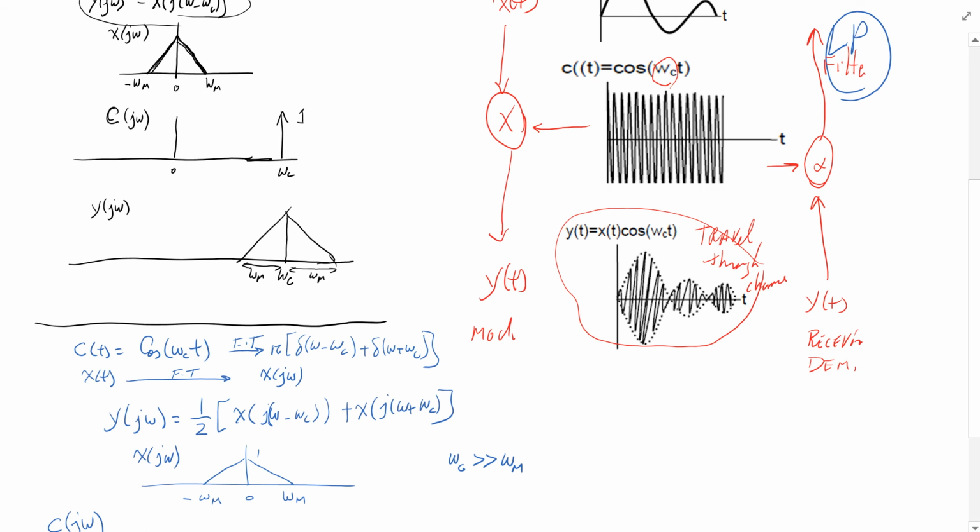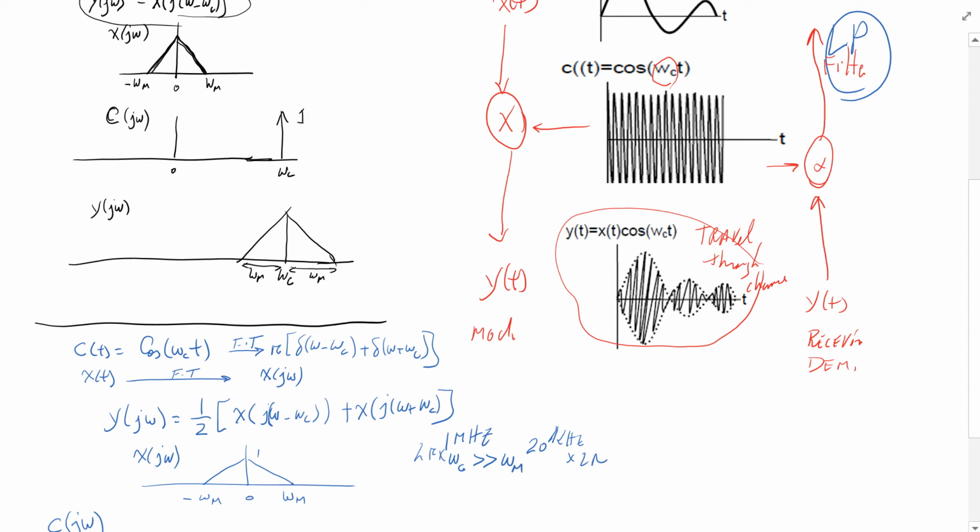Clearly, that carrier frequency, let's say 1 megahertz in the middle of the range, is much larger than ω_m, which is 20 kilohertz. We're doing the f version, but you can multiply by 2π times 1 megahertz. It's clearly much larger than 20 kilohertz times 2π.